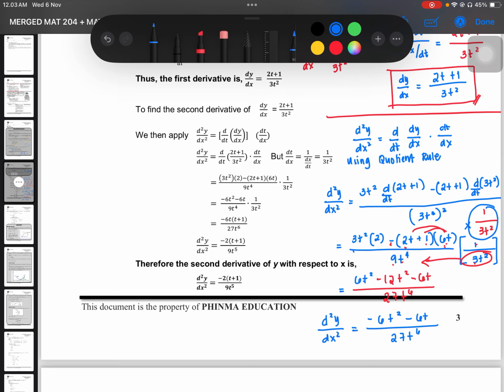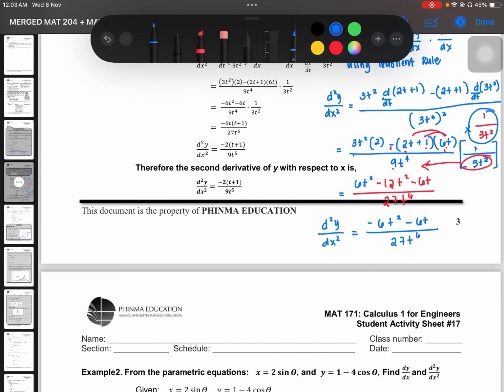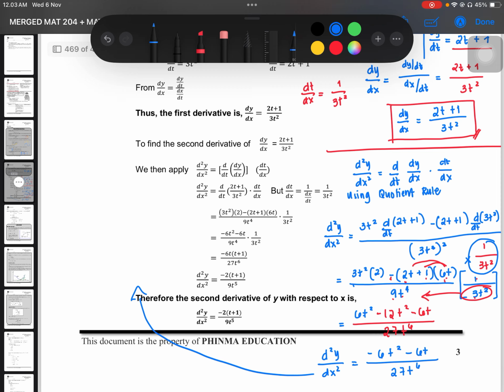Okay, so if we will be simplifying this more further, ilabas natin ngayon yung common factor nila. So, ano ba yung mga common factor nila? Ano yung common factor nila? Sa taas muna tayo. Yung nasa taas, ang common factor is negative 6t. Tama ba?